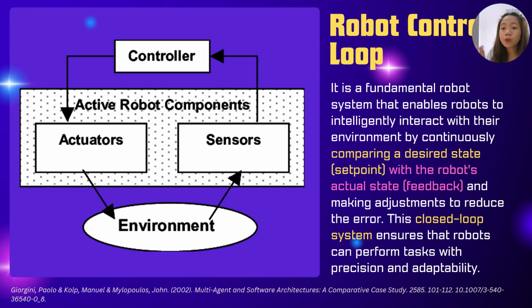Now, in your program, you will be defining what your set point is, meaning what is the target? That's the set point, the desired state. The robot will continuously compare that set point or target with the actual state of its environment, the feedback, using the sensors that you have utilized.